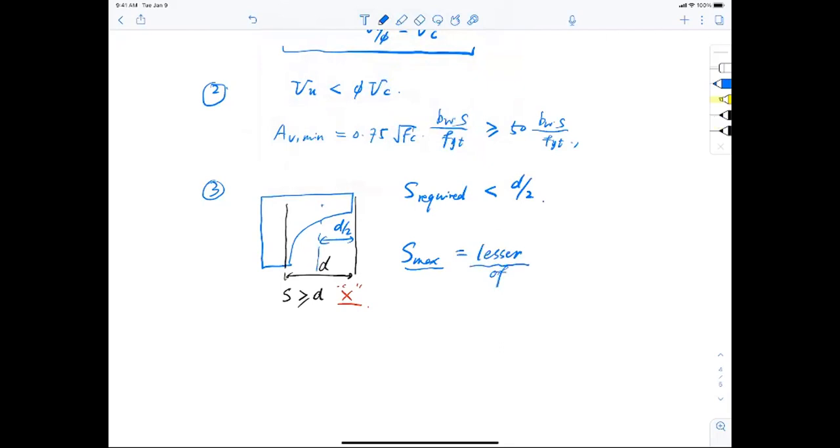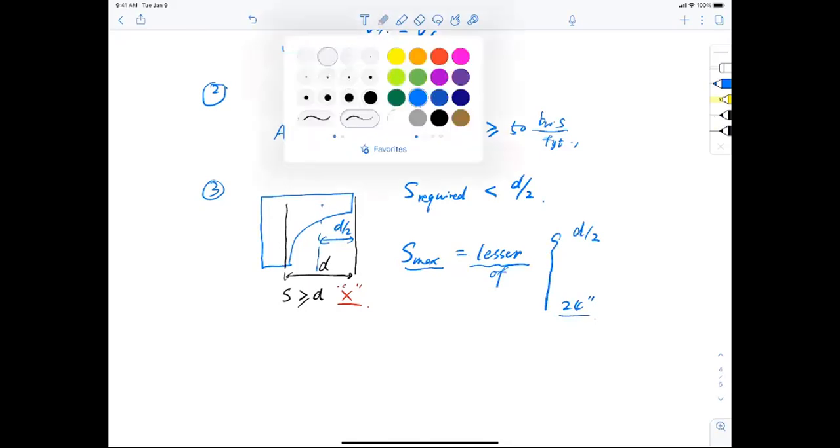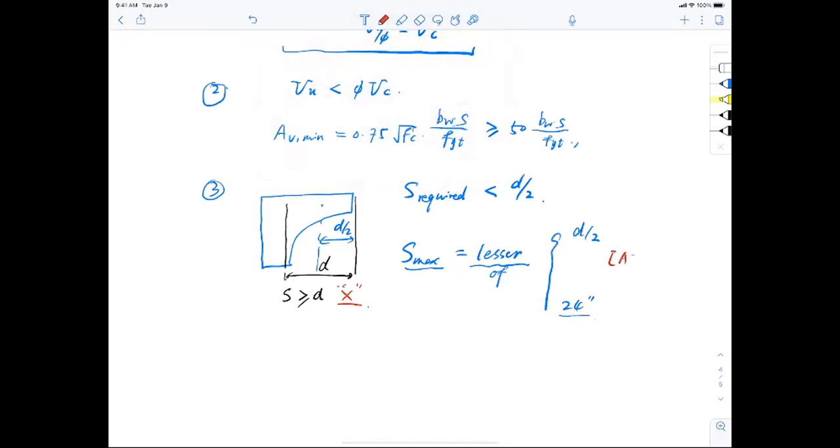Really understand the word lesser: it is the lower number of the two, not the higher. You find this in the ACI code, 9.7.6.2.2.